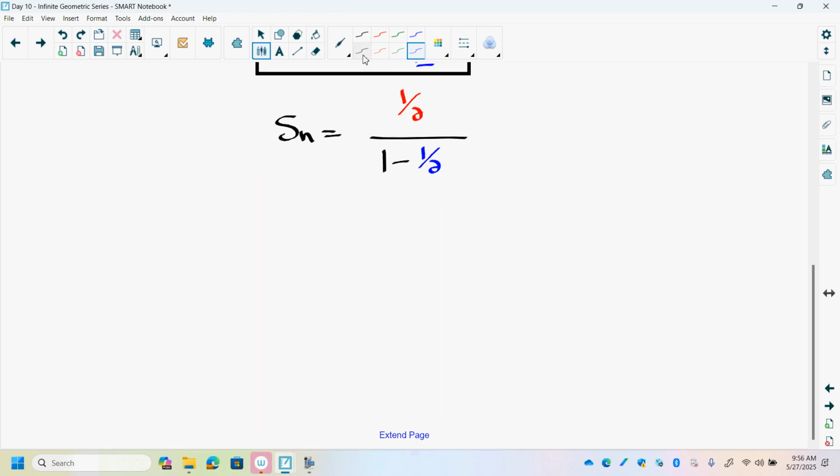Let's do that first. You get a common denominator. So the numerator here is still going to be 1/2. But down here, I would have 2/2 minus 1/2. Agreed? 1/1 or 1 whole is 2/2. If I subtract 1/2, what am I left with? 1/2.